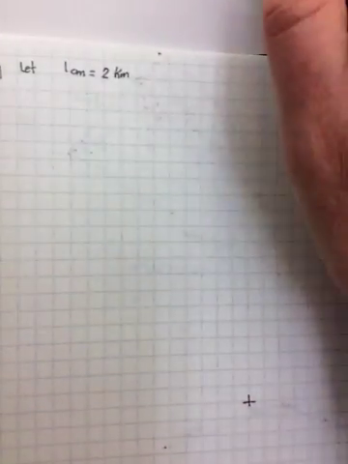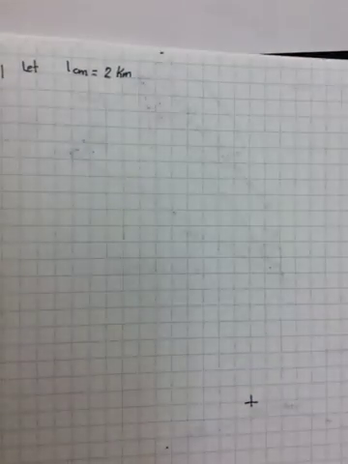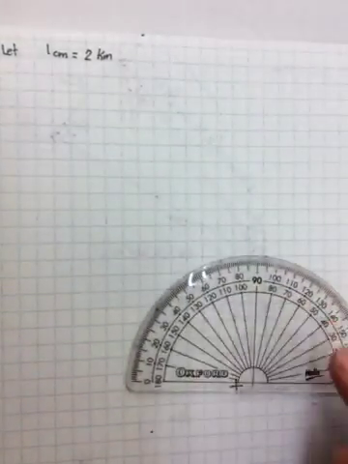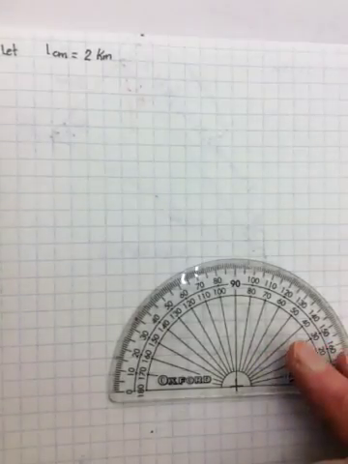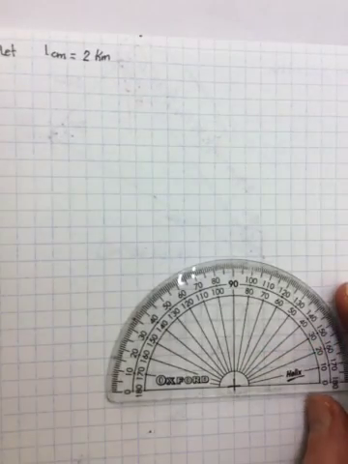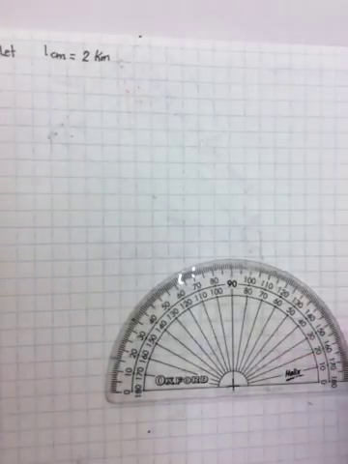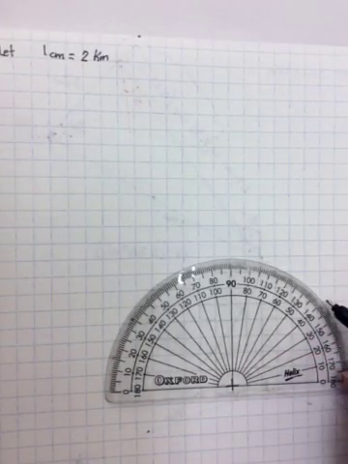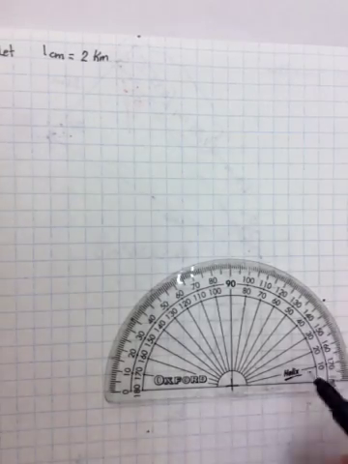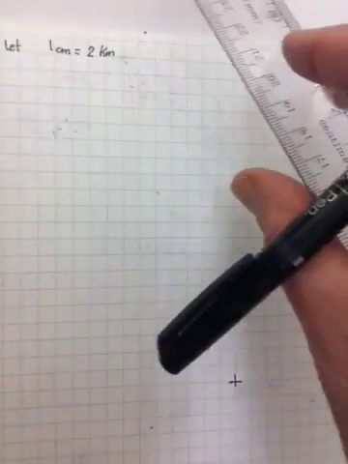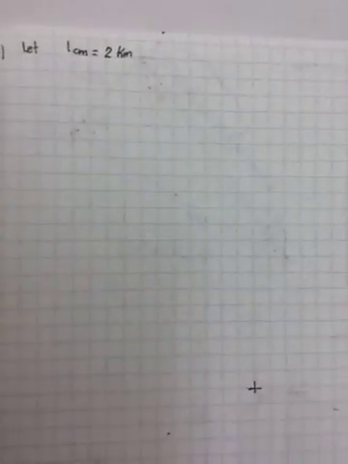Okay, and my first vector is east 40 degrees north. So with your protractor, measuring from the east, going 40 degrees north, line it up right on your line. Look at it carefully. Hold your protractor, which I can't because my hand's busy. From the east, go 40 degrees north and put a little mark in. Now take your ruler, and that vector was 8 meters, so for me, it's going to be 4 centimeters long.